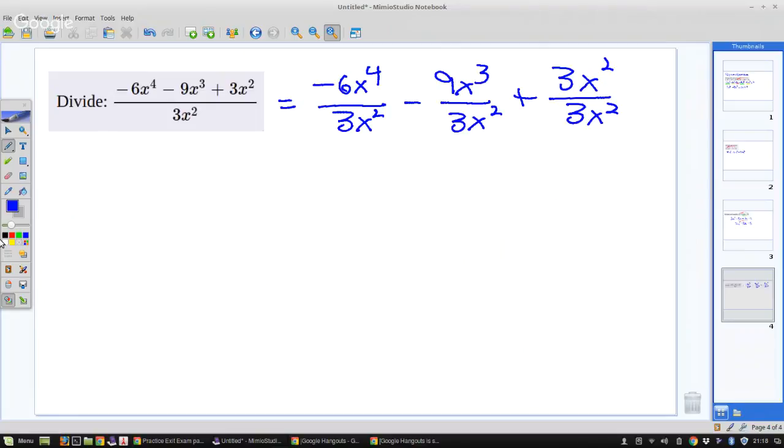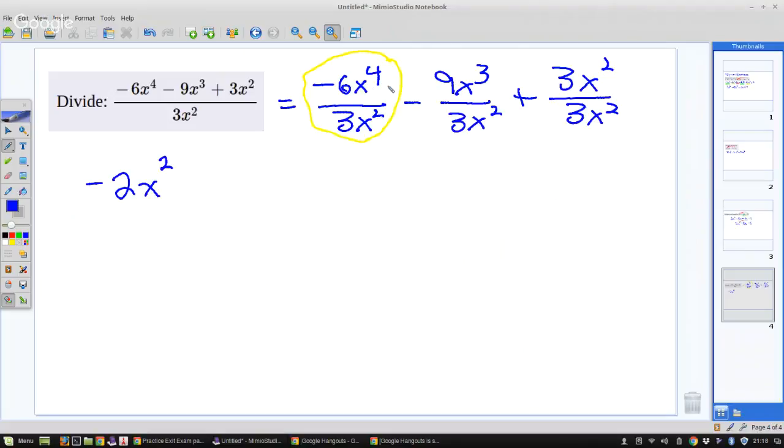So I just look at one part at a time. So looking at the first fraction I created here, 3 goes into -6, -2 times, and then x squared goes into x to the fourth, leaving x squared behind. The rule for dividing powers with the same base is subtract the exponents.